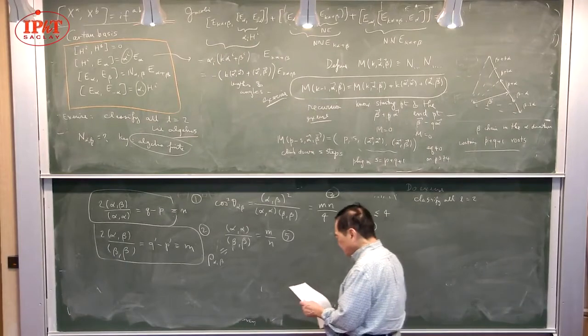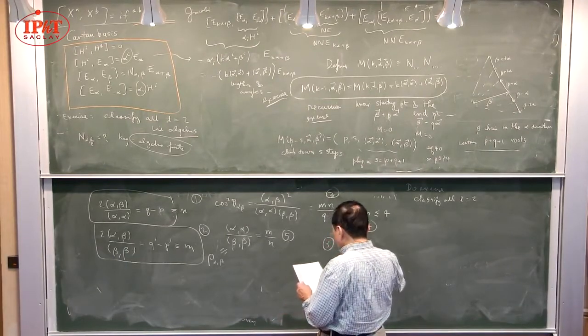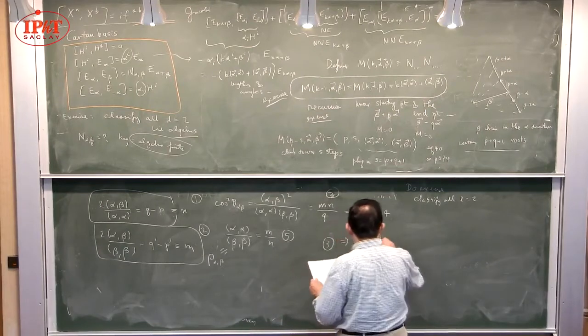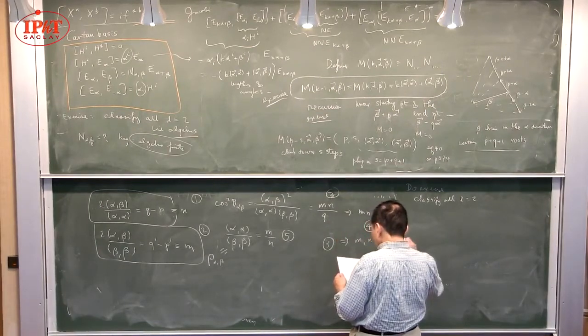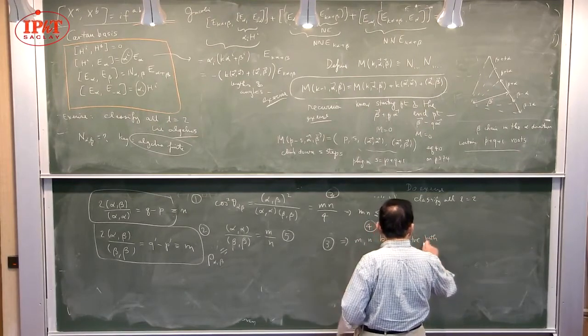So 3 tells us that m and n are both positive or both negative.